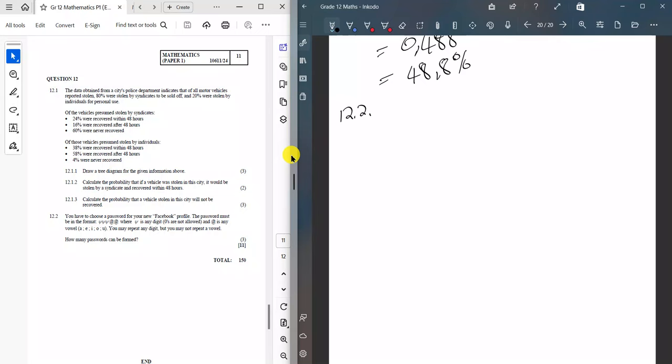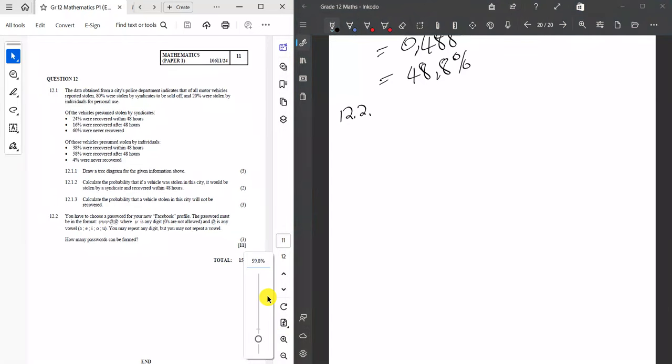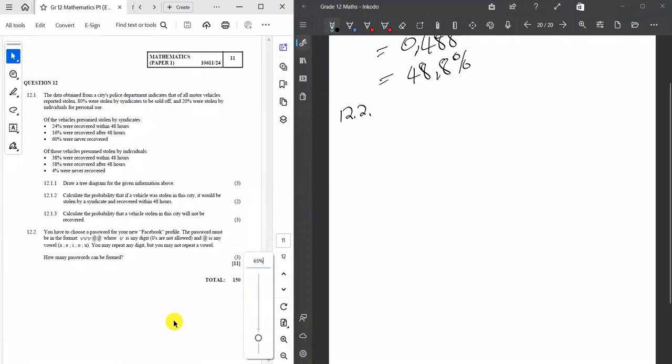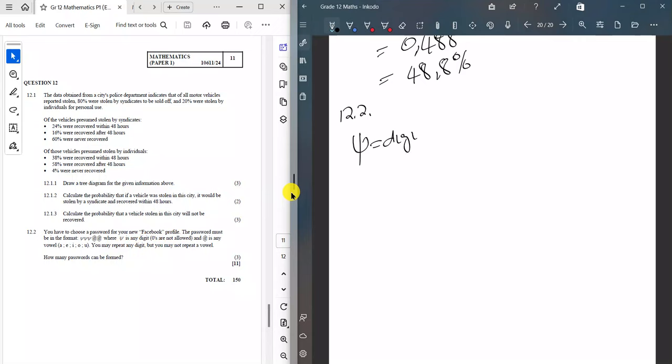You have to choose a password for your new Facebook profile. The password must be in the format: lambda, at, where lambda is any digit, and 0 is not allowed.